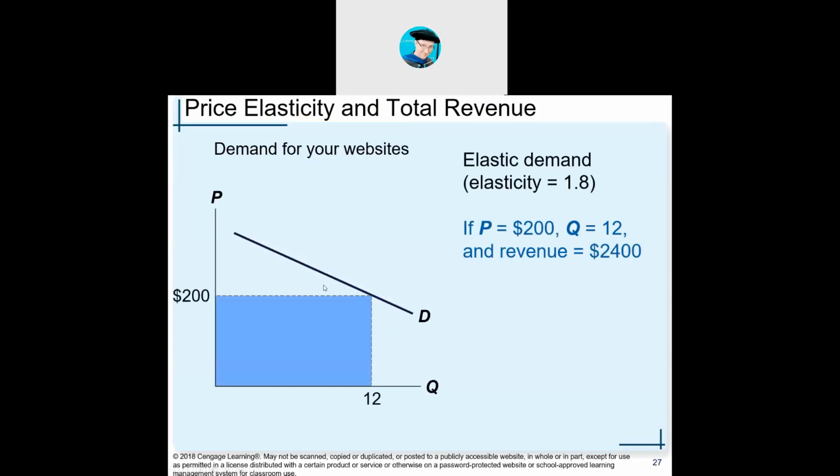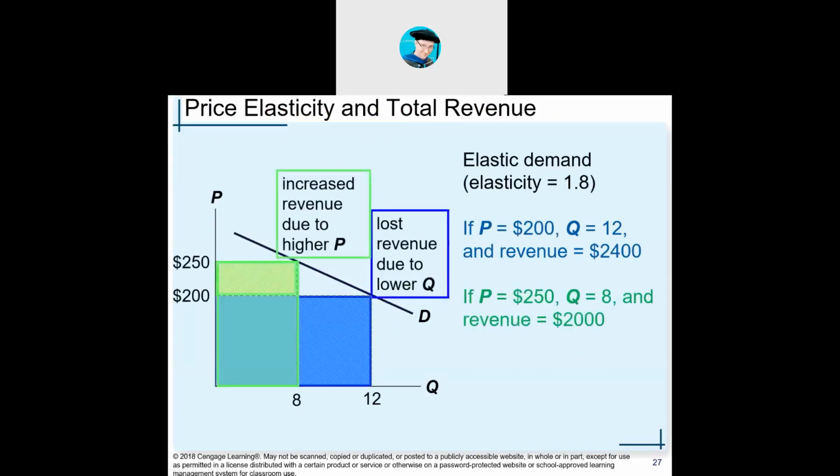So looking at our earlier example, we're a website designer, and my elasticity of demand is 1.8. At price point 1 of $200 and a quantity of 12 websites, I get revenue of $2,400.